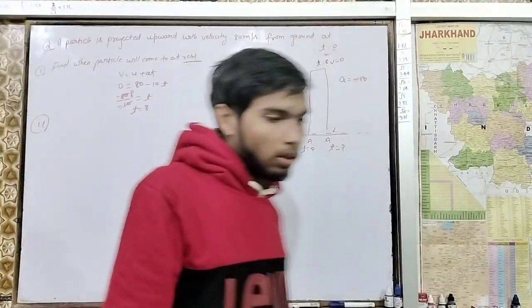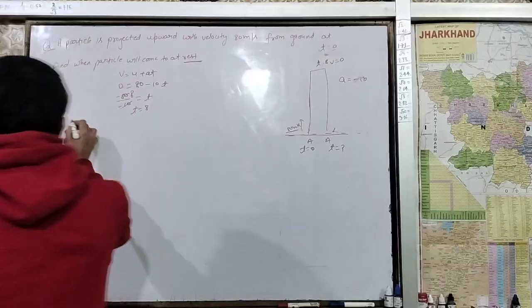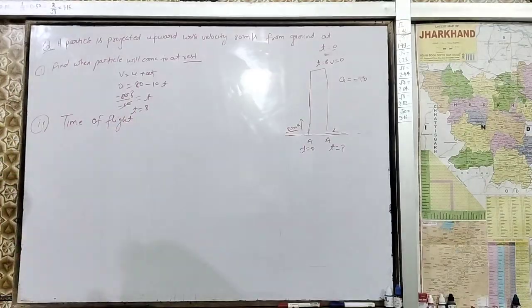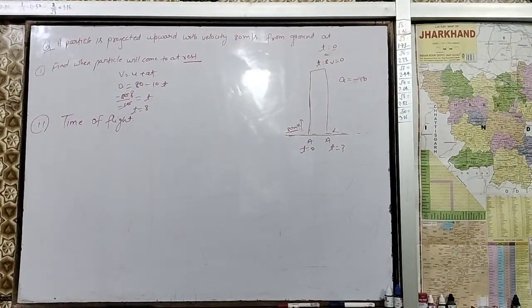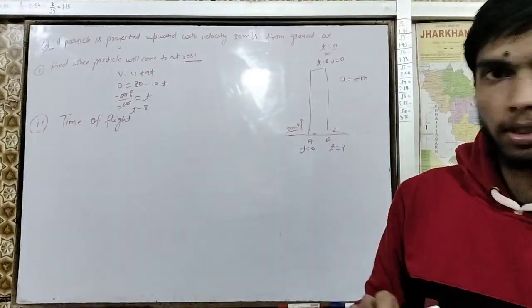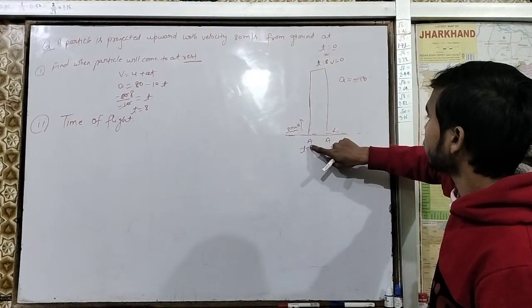Now, next is time of flight. Time of flight means how much time was taken by the particle while it was in air, staying in air from the initial time.